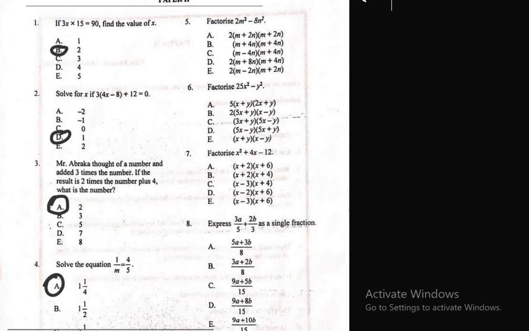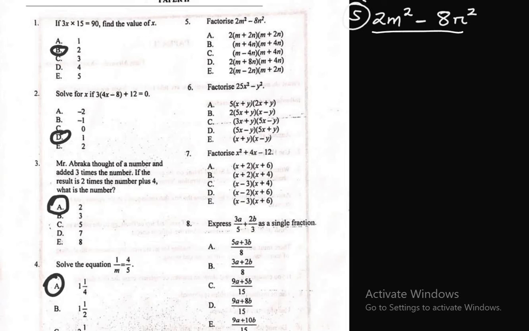Now question number 5 says, let's factorize 2m squared minus 8n squared. Let's factor this expression.